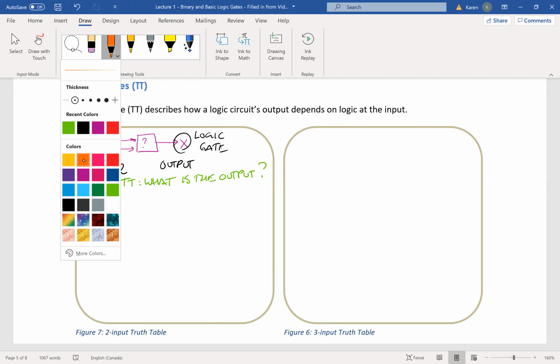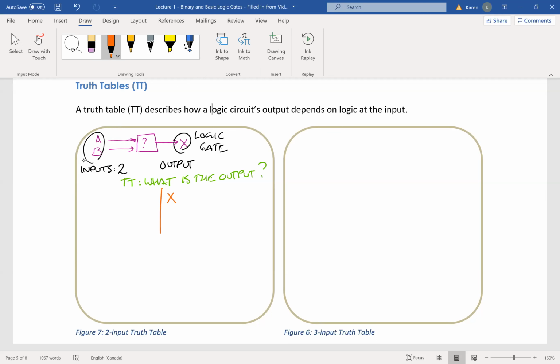We say, what is the output X given the inputs A and B? Well, what can A and B be? We learned about binary, so it can be any binary value.